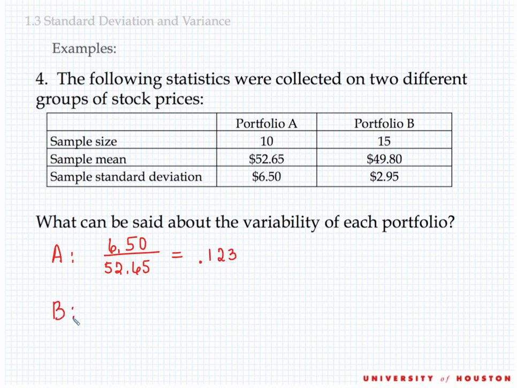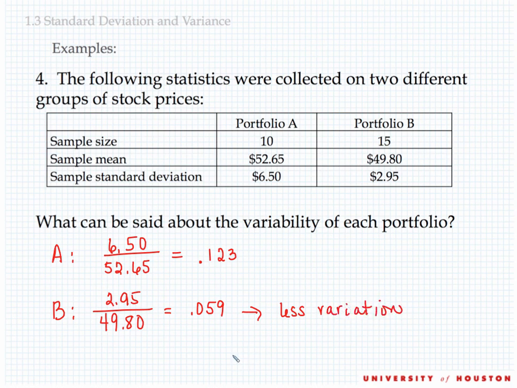For portfolio B, standard deviation is 2.95. The mean is 49.80, and we have 0.059 for that coefficient of variation. There is less variation for portfolio B.